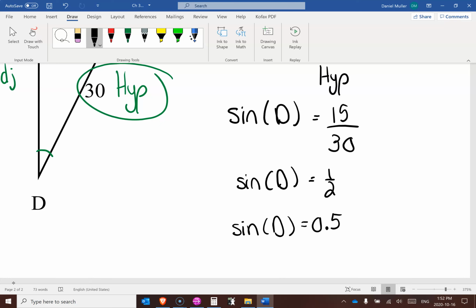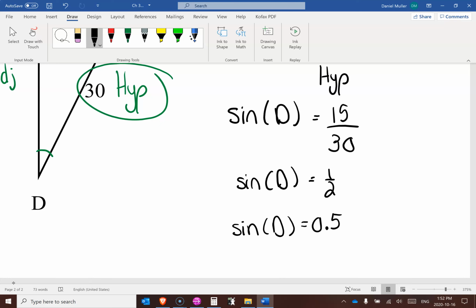So again, with the chart, if you're looking at sine, you're looking for 0.5. Sine's this column, and 0.5 is right there. Oh, it's exactly 0.5. I don't have to round, it's just 30. So my D is 30 degrees.